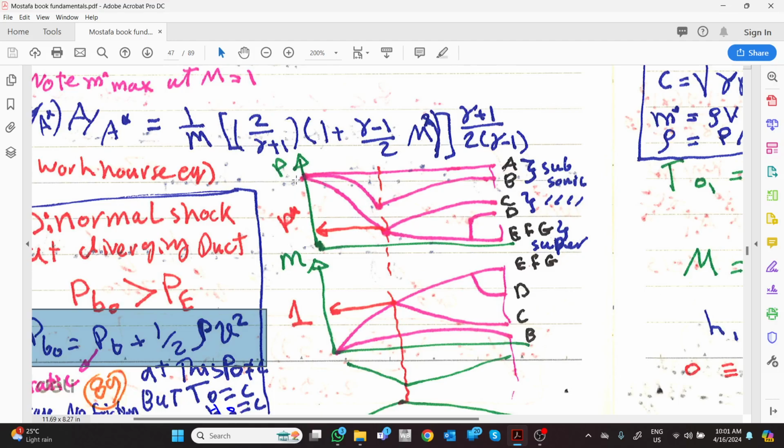So what if the back pressure at C is lower than P star?